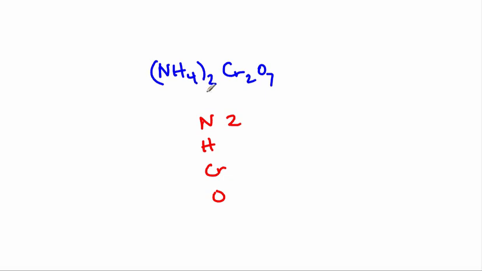So 2 times 4 to give us hydrogen, that gives us 8. 2 chromiums, and then 7 oxygens. So remember in particular, when you're dealing with substances that have a polyatomic ion or some other subcompound within parentheses, remember that the subscript outside of that polyatomic ion always multiplies by whatever the formula of the polyatomic ion is. You should be in good shape.